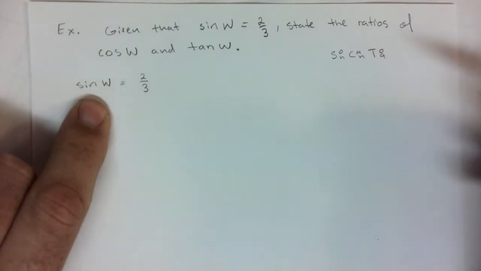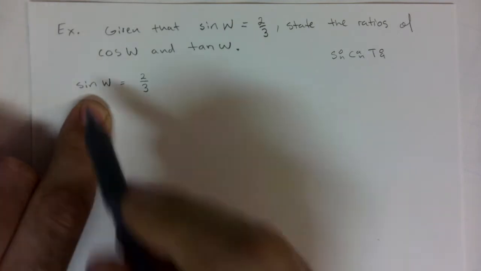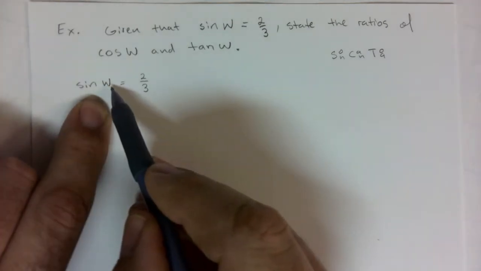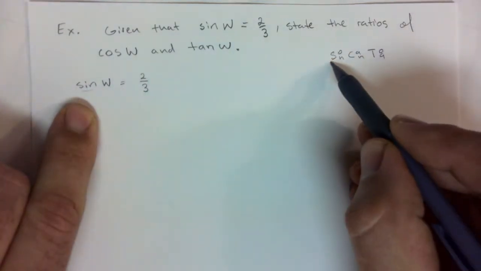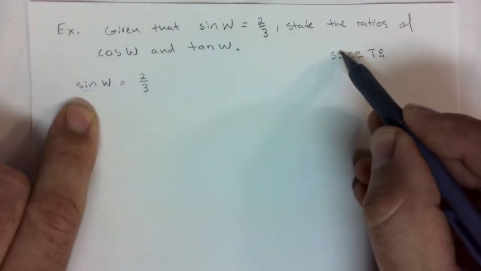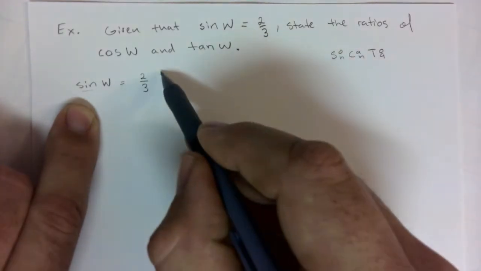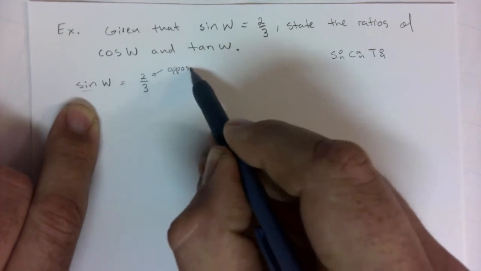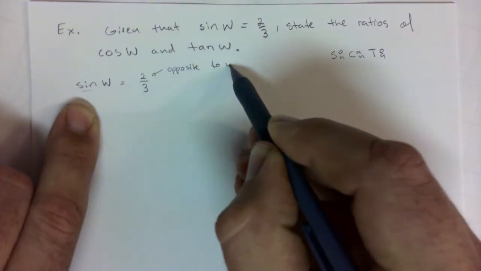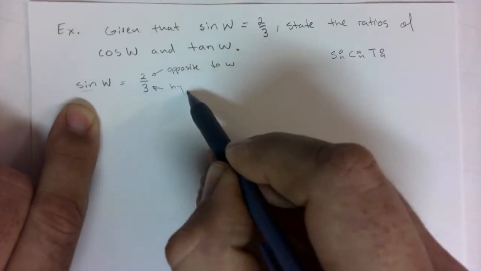And remember, when we do sine, cosine, and tan, it's going to be one of the acute angles of the triangles that we're using here. Okay? And so based on this, because this is sine, I remember that sine is the opposite side divided by the hypotenuse of w. So this side here is the opposite to w in particular, and this is the hypotenuse.